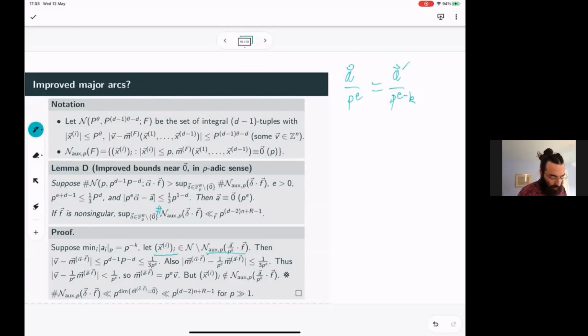And then what this is going to do, by assumption, we have an integer vector v which is very close to this m, and we're going to use the fact that our alpha is very closely approximated by this rational vector a primed on p to the e minus k. So a primed here is a on p to the k.